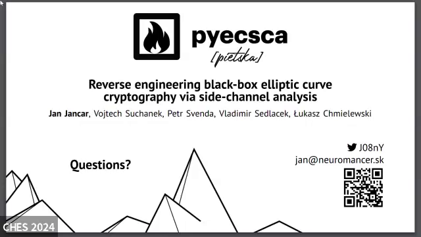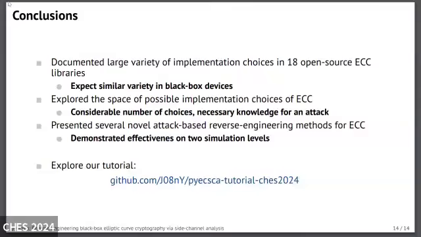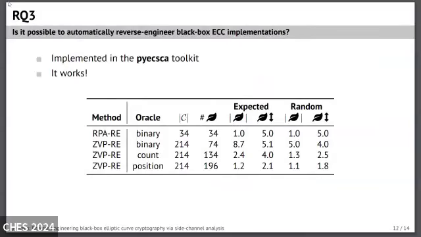Yeah, so one thing I didn't mention at all is countermeasures, right? Of course, if you have side-channel countermeasures and our reverse engineering techniques are using side-channel attacks, then countermeasures against those attacks will stop the reverse engineering from working, right? But these 3 attacks that we had there, RPA, ZVP and EPA, are quite nice because they are resistant to coordinate randomization, curve randomization, right?